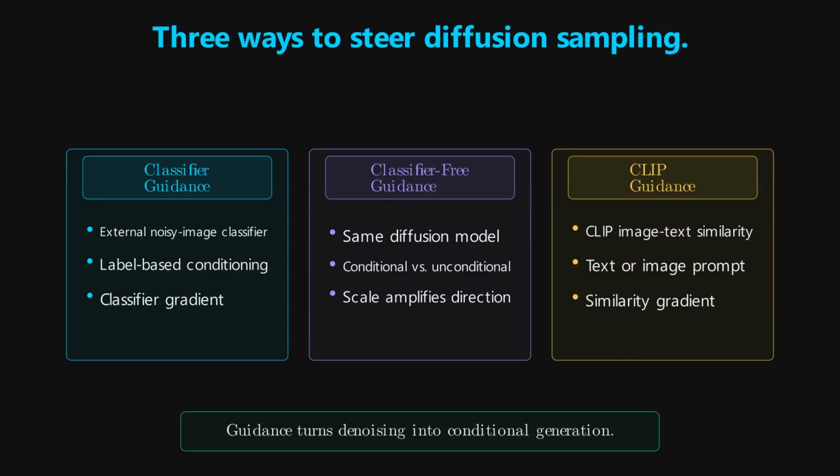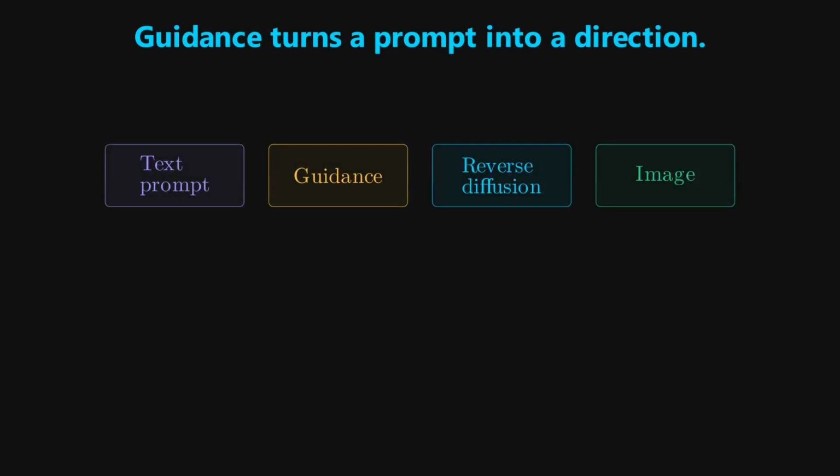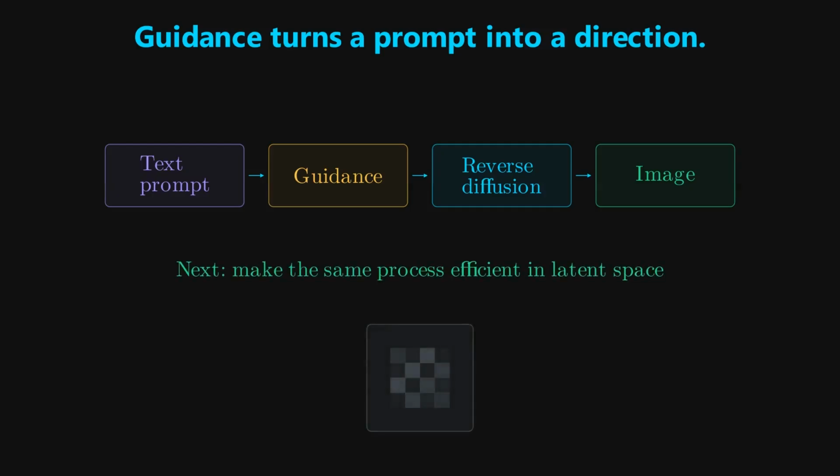The difference between these two predictions tells us what the condition is doing. It tells us the direction that moves the sample from generic image toward image matching the condition. Then, we multiply that difference by the guidance scale s. This is classifier-free guidance.